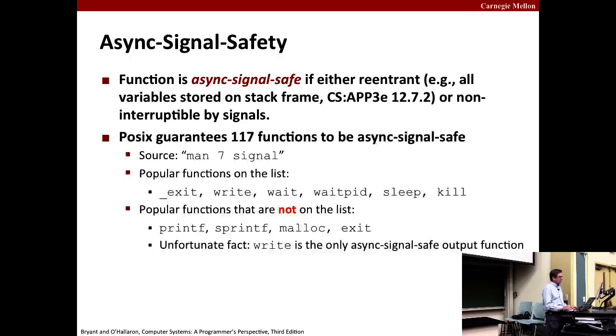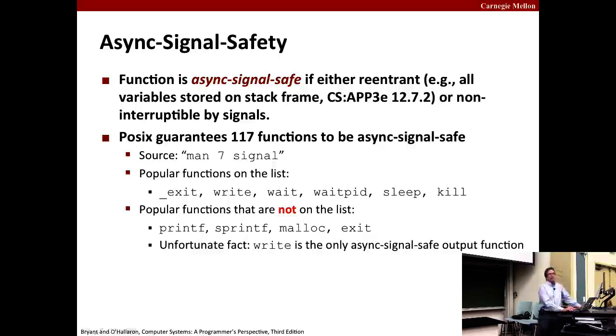Now, the POSIX standard guarantees 117 different functions to be async signal safe. These include _exit, write, wait, waitpid, sleep, kill. But unfortunately, there's some very popular functions that aren't on this list. printf, sprintf, things that you really want to use.